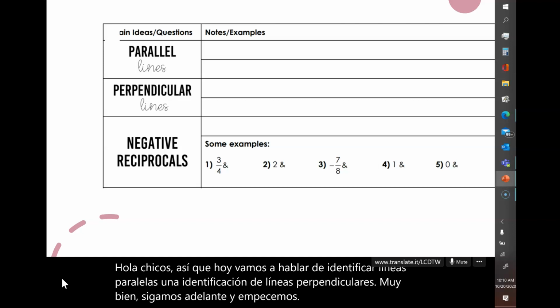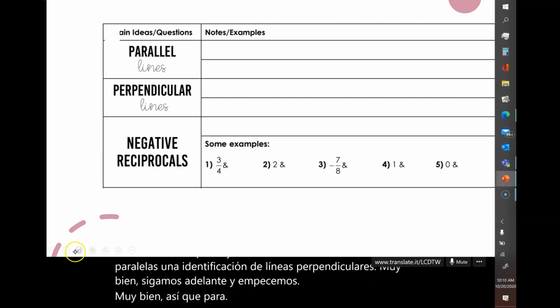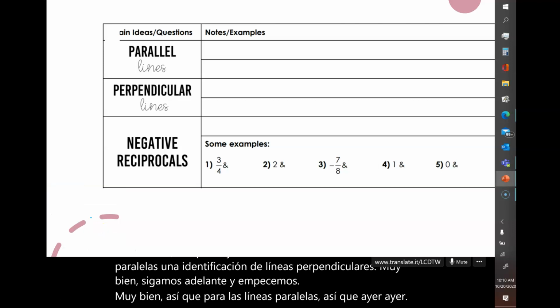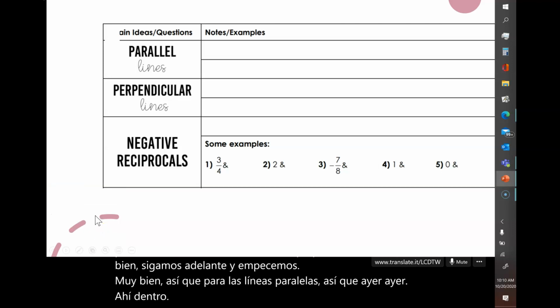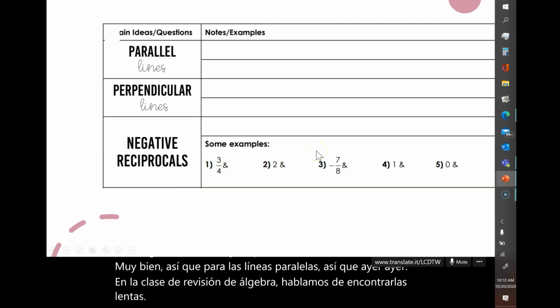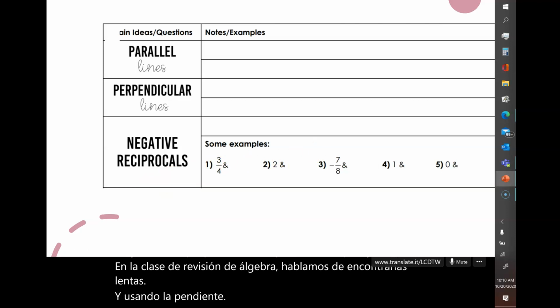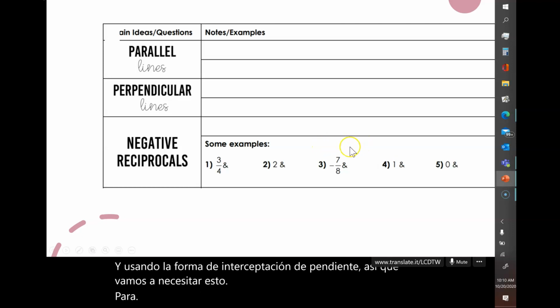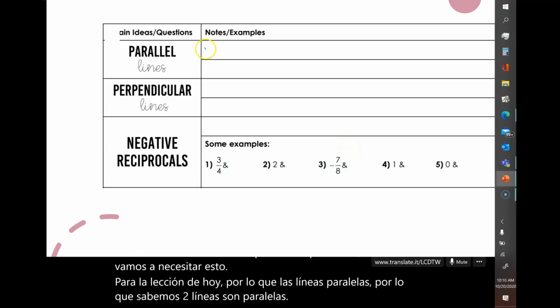All right, so for parallel lines, today in the algebra review class, we talked about finding the slope and using the slope-intercept form. So we are going to need this for today's lesson. So parallel lines, we know two lines are parallel if they have the same slope.